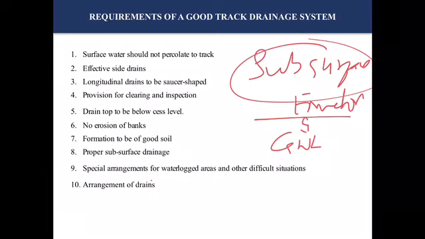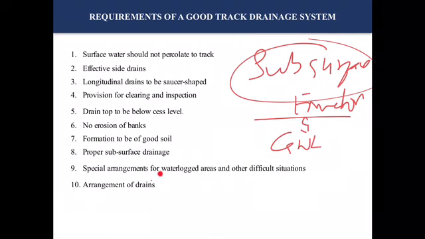The formation soil is to be good soil, because the track alignment should rest on pervious, naturally drained and suitable soil. Usually the coarse textured soils are more permeable compared to the fine textured soil. So they retain very little capillary moisture and respond more readily to the drainage system.